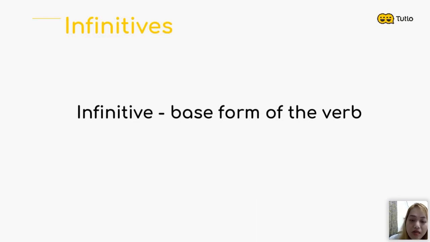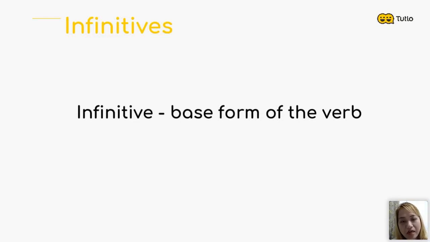So in English, when we talk about the infinitives, we are usually referring to the present infinitive, the present tense. Like dance, sing, paint, write. Those are infinitives. They are the base form, which is the most common, the present infinitive. However, there are four other forms of infinitives.